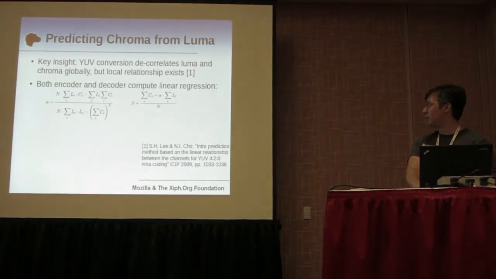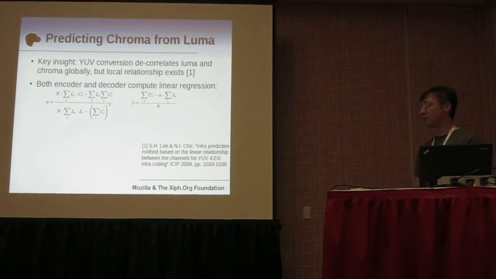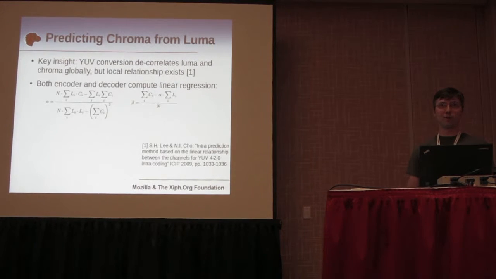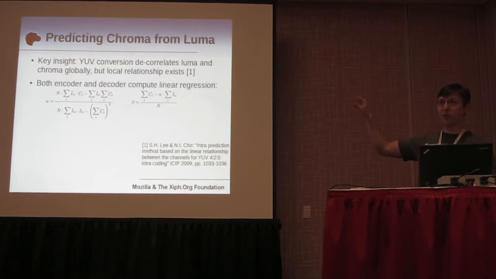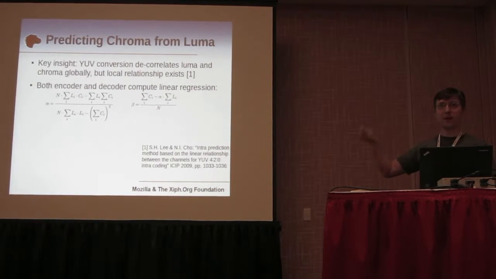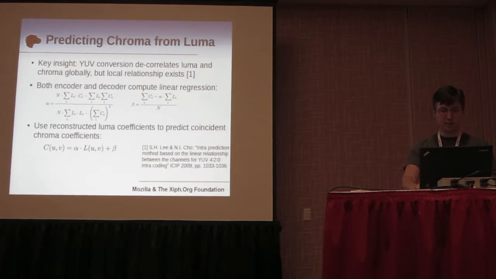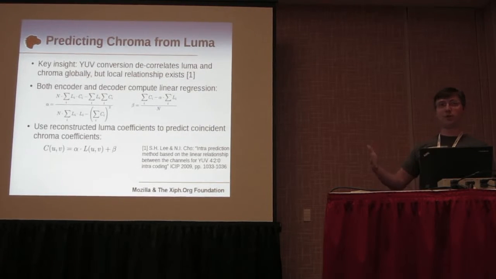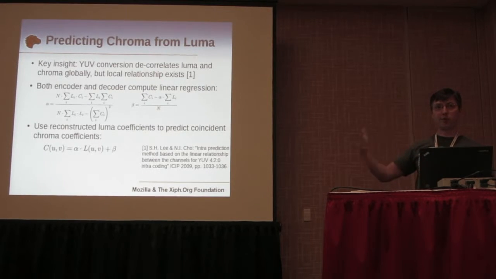So how does it do that? Both the encoder and the decoder compute a linear regression. Again, this is in the spatial domain, and so it's done across the border pixels for each pair of Luma Chroma coefficients that are coincident. They're fed into this linear regression, and alpha and beta are estimated. Then in the decoder, the reconstructed Luma coefficients from the Luma plane can be used to create a predictor for the Chroma plane.